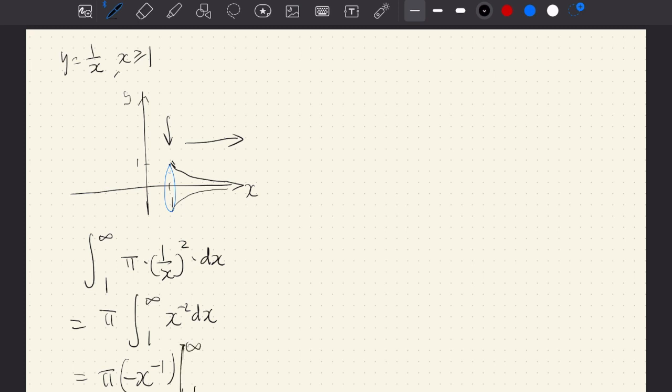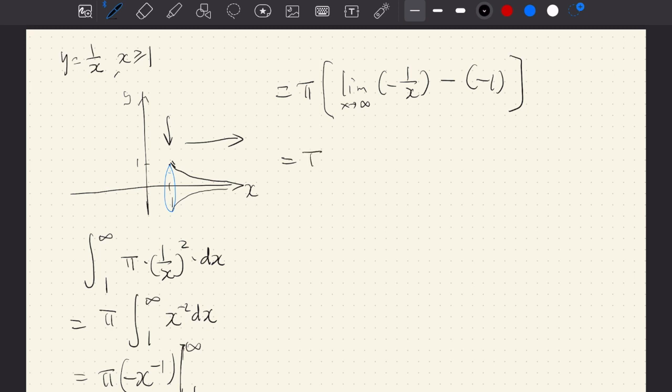And we talked about this, that if you have an improper integral and you have an infinity in your upper limit or lower limit, you want to take the limit towards infinity. So this is equal to pi times the limit as x goes to infinity of negative 1/x, which is x to the -1, minus, for the lower limit you can just plug 1 in, so this is -1.